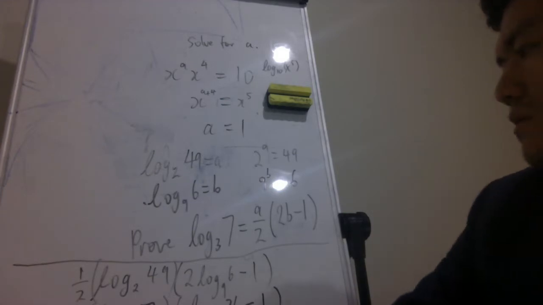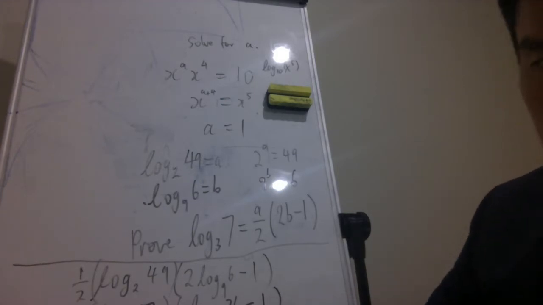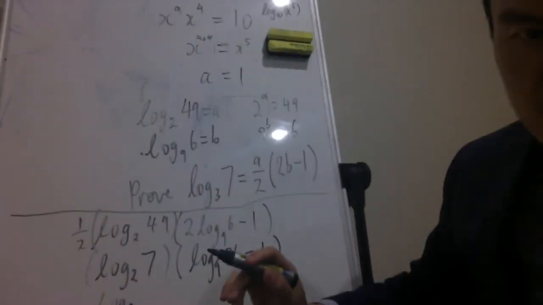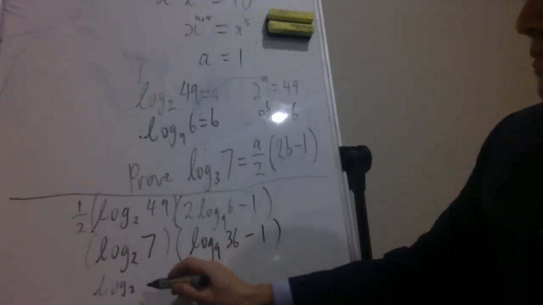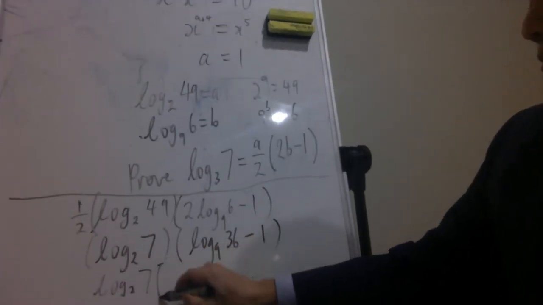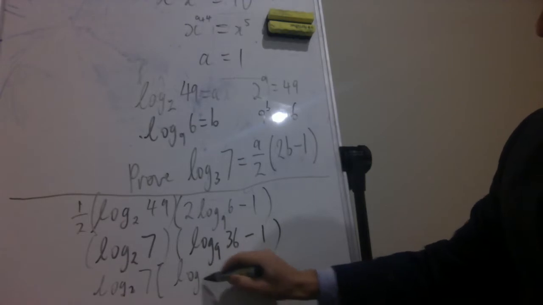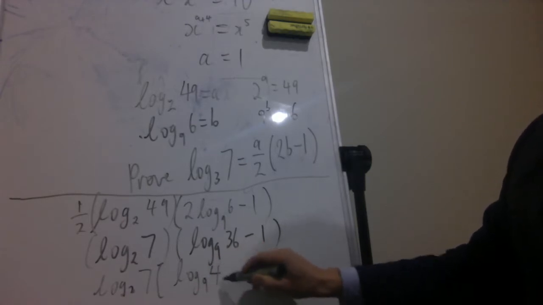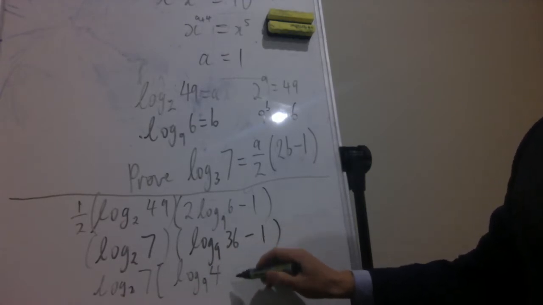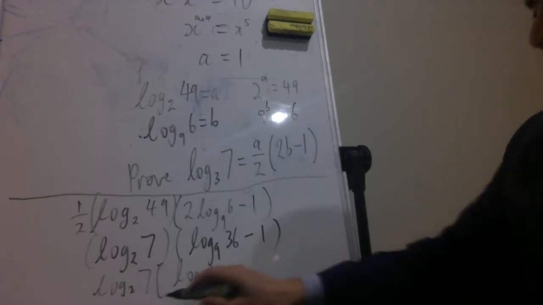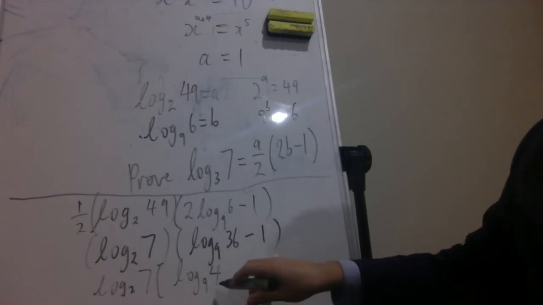See, so you have log 2, 7, right? Yeah. This is log 9, 4 plus log 9, 9, right? Which is 1. And 1 minus 1 is 0. Yeah. So it's just now log 2, 7 times log 9, 4, yeah?